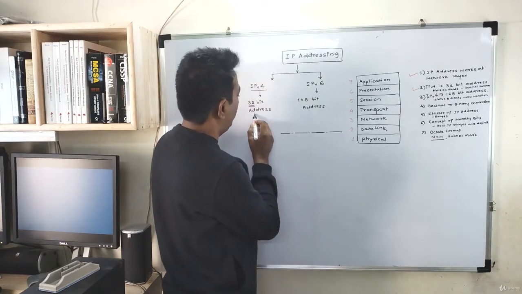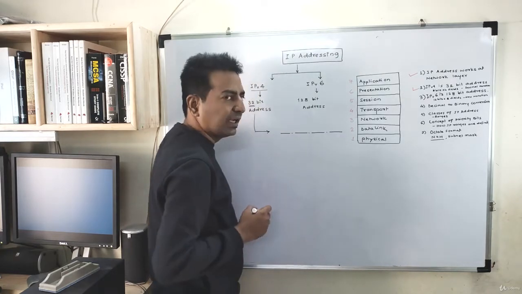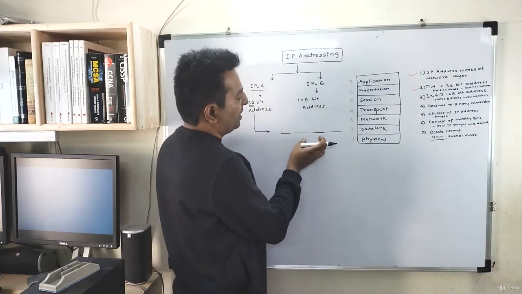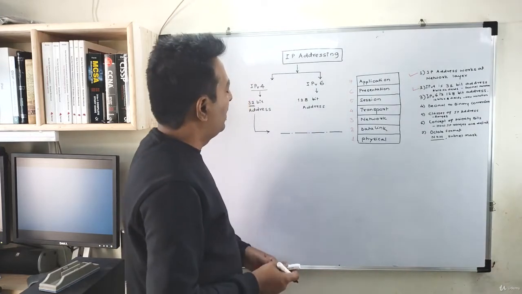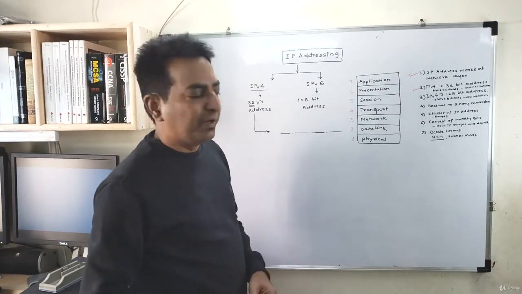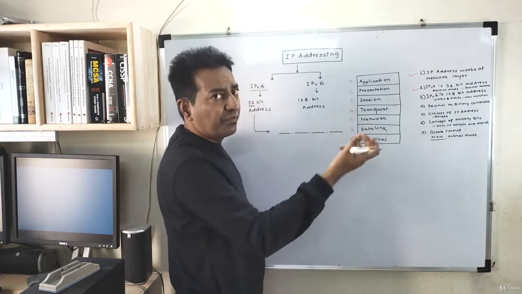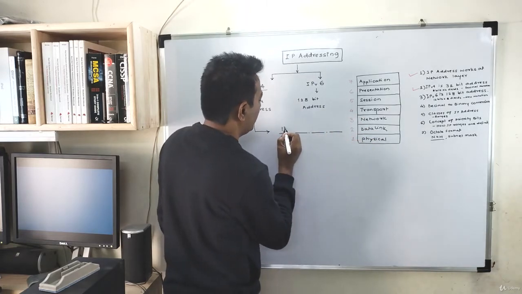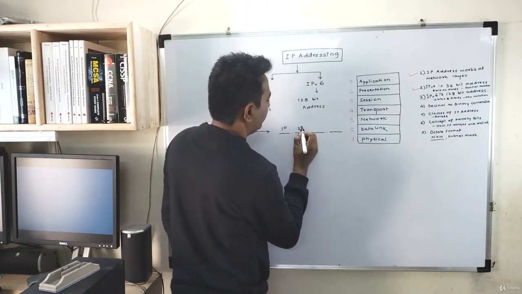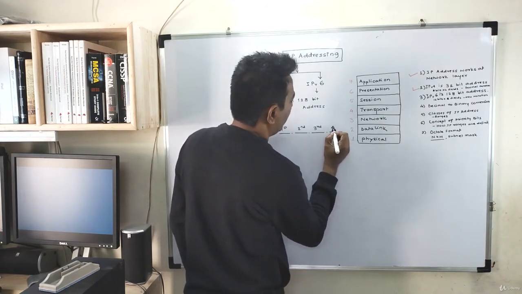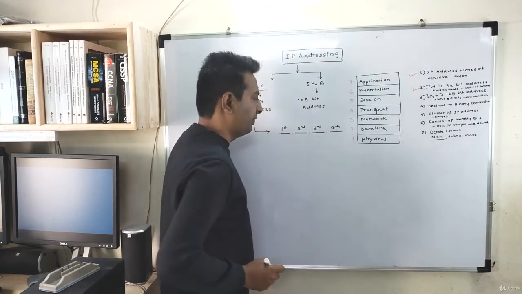Now I am specifically talking about IP version 4. The IP address is divided into 4 different parts, or we can say 4 different fields. This is the first field, the second field, third, and the fourth field.